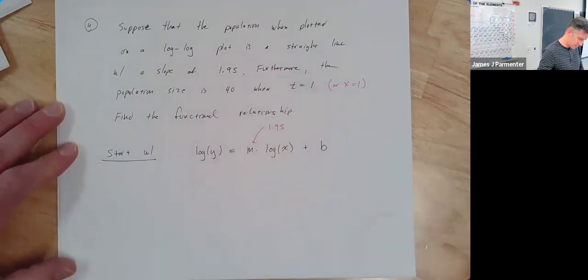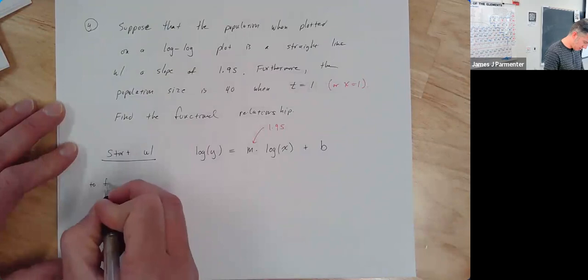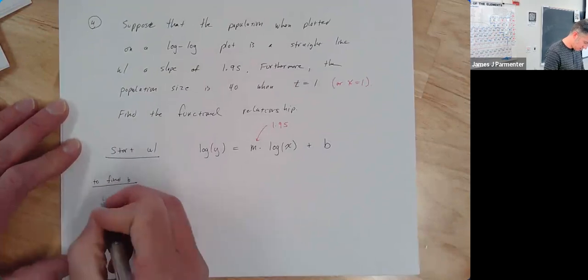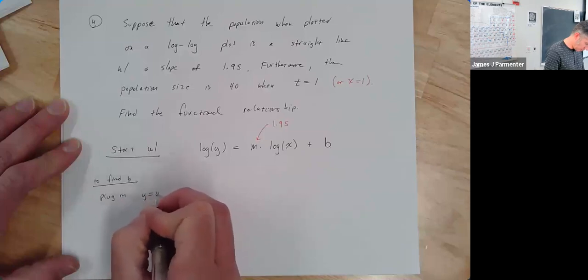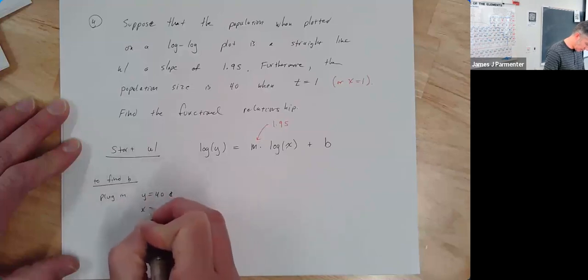Here's what I'm going to say. To find b, plug in y equal to 40 and x equal to 1.